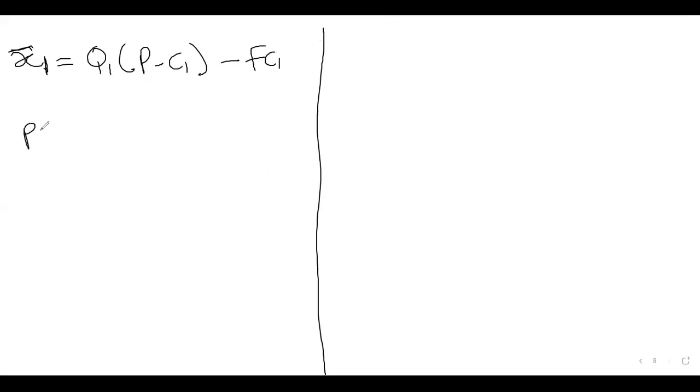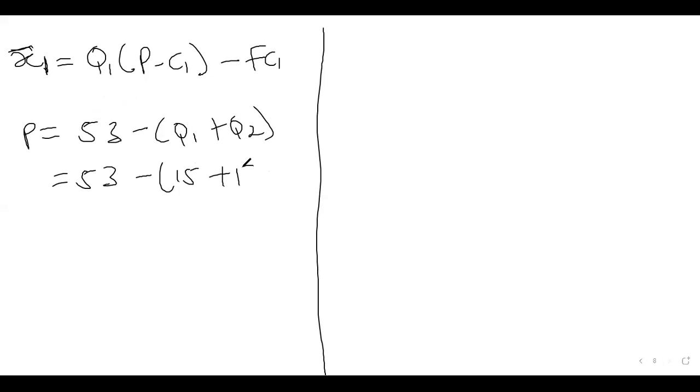So P is equal to 53 minus (Q1 plus Q2). So we will now have 53 minus (15 plus 13). That will be 28. So once we subtract 28 from 53, we are going to get 25.